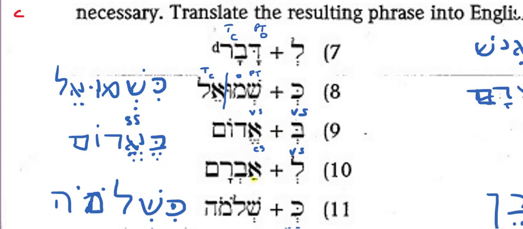Here we have a consonant and a vowel, number 10. And I might want to divide here, but I have to look at the next consonant and see, is there a vowel under it or a shava? If there's a silent shava, the bet belongs with the preceding consonant vowel and it'll be closed. So what do I have under the bet? I do have a shava. So I have to decide, is it vocal or silent? Look to the right, and if you see a short vowel, it's silent.